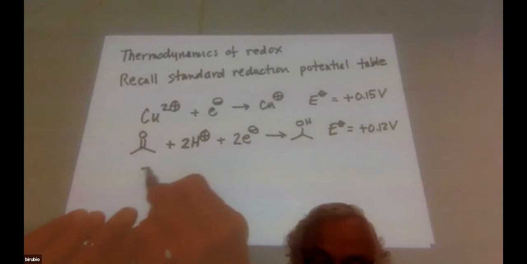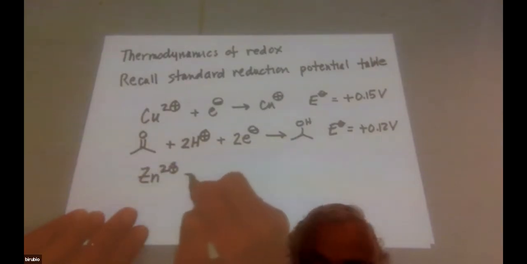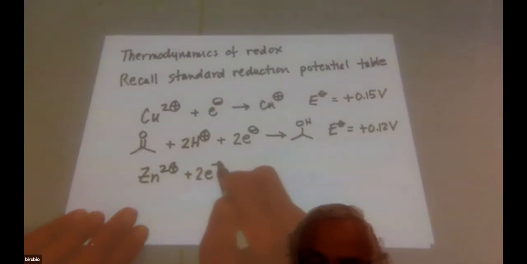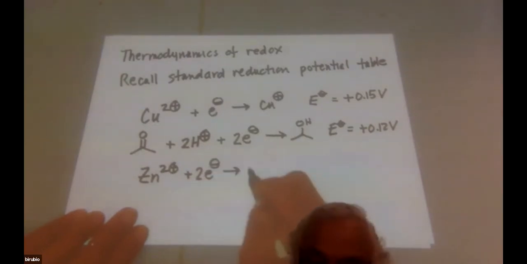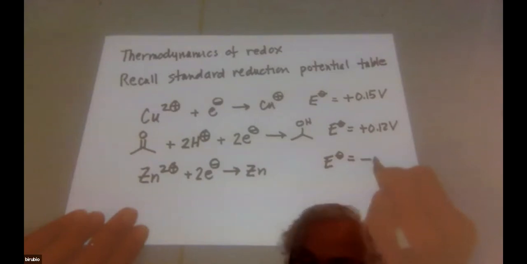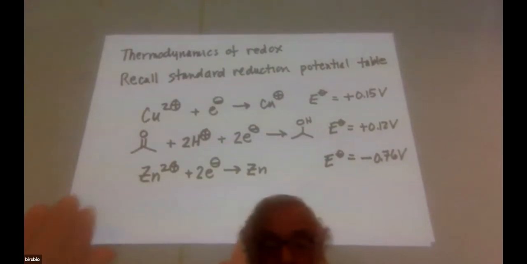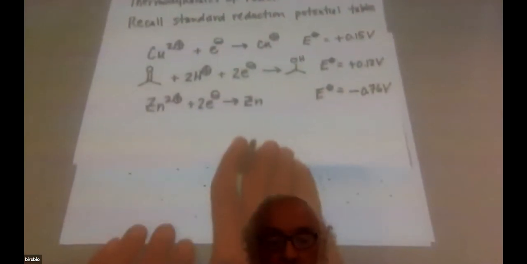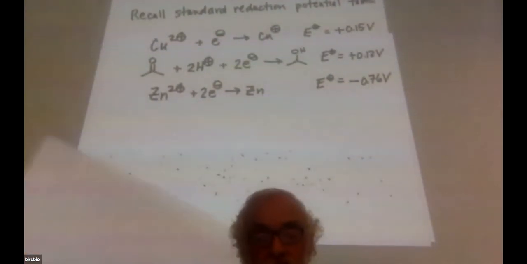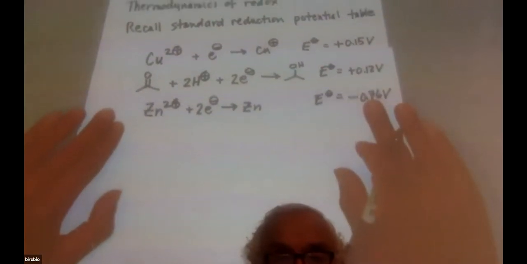Okay, one more. Zinc 2+ plus 2 electrons, and that's going to zinc metal, and the standard reduction potential for that is minus 0.76 volt. Okay, so here's my question for you. Let's keep those numbers up there on our screen somehow.